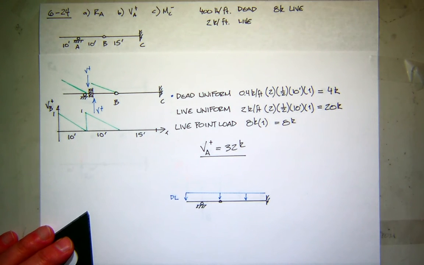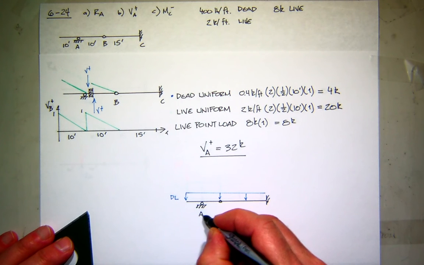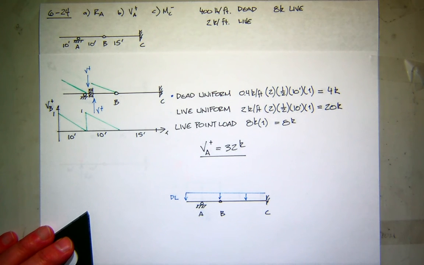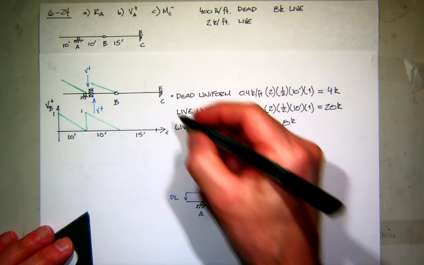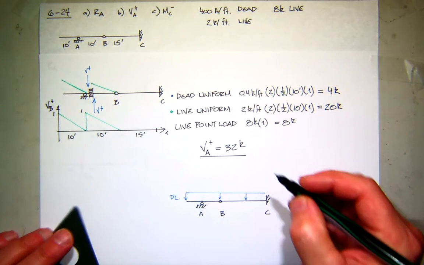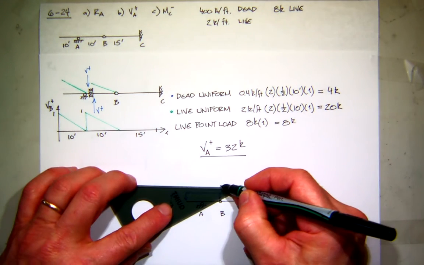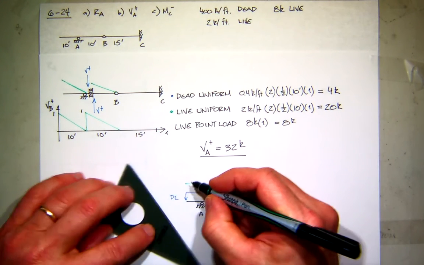I did forget to tell you that this is A and B and C. And then the live part, I'm going to locate over the 10 feet and the 10 feet, so that'll be over this portion.